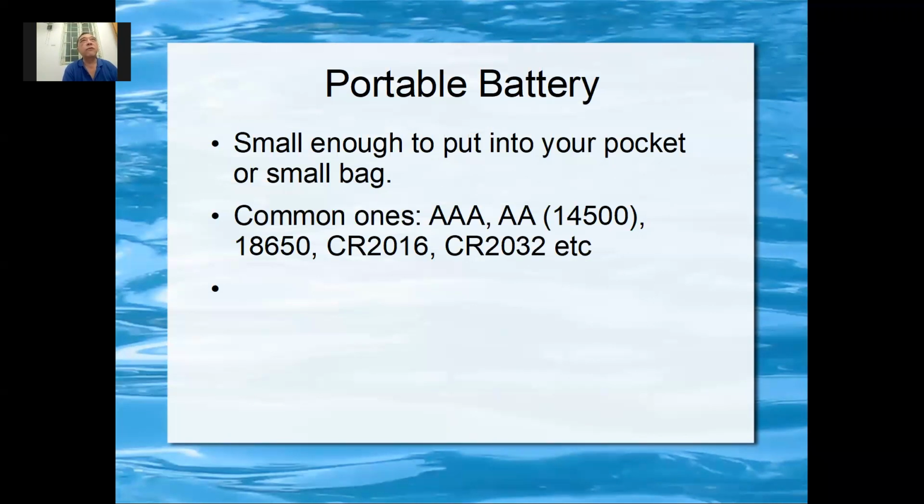These two are the common ones, AA and AAA. The bigger one they call C cell, and even bigger ones are called D. But nowadays it is not easy to find. Very few people use even C or D, because in the past, when they needed more energy, like in a torchlight, they used a C cell or D cell.